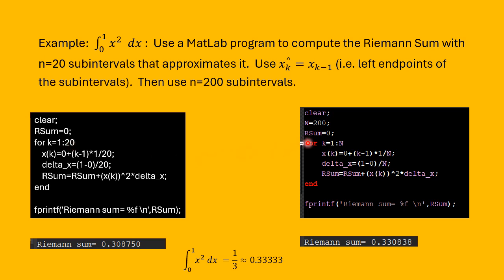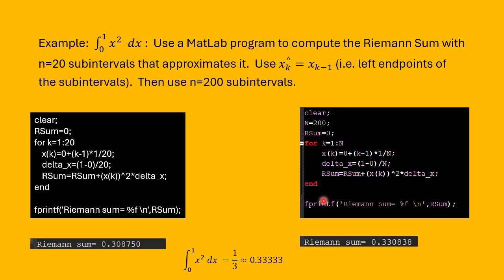If we write essentially the same program again for 200 subintervals, what we get is the Riemann sum computed here is 0.330838, and you can see that this number is even closer to 1/3, which is approximately 0.33333. The larger n we use, the closer the Riemann sum should be to the actual value of this integral.